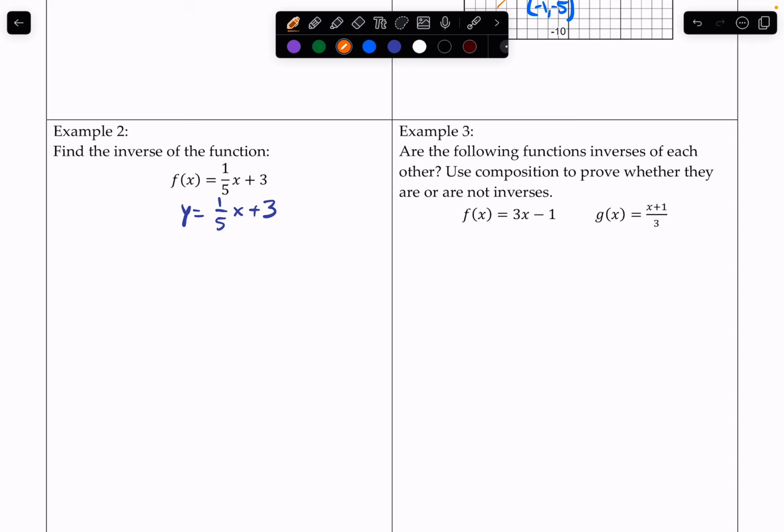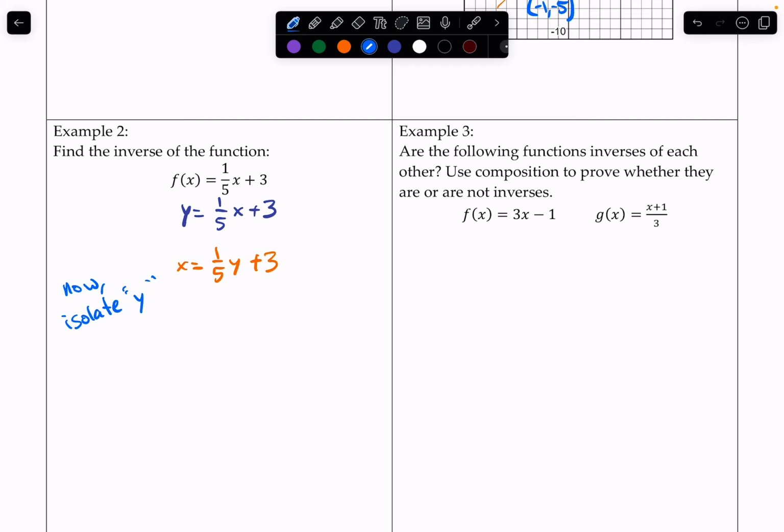Then we are going to swap x and y. It's going to become x equals 1/5 y plus 3. So x and y just swap places, and then we are going to now isolate y. Rewrite it as y equals.